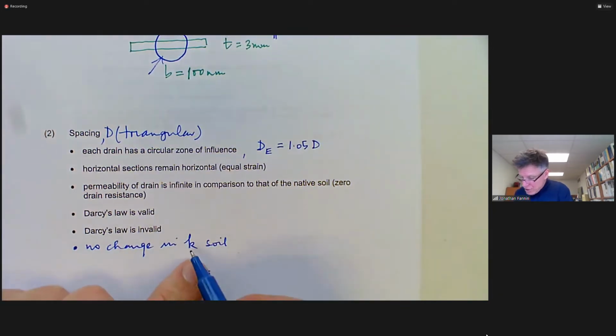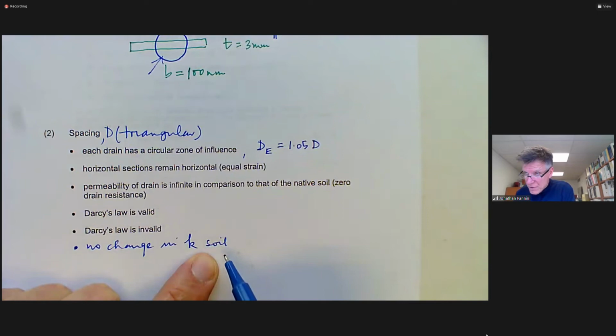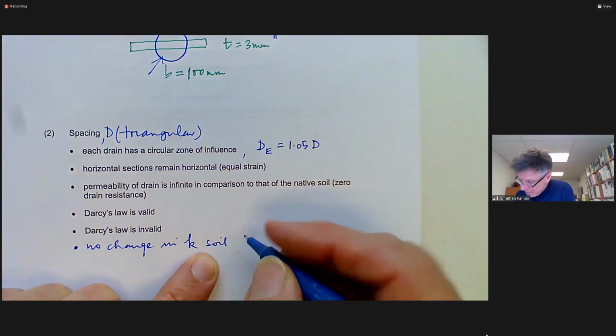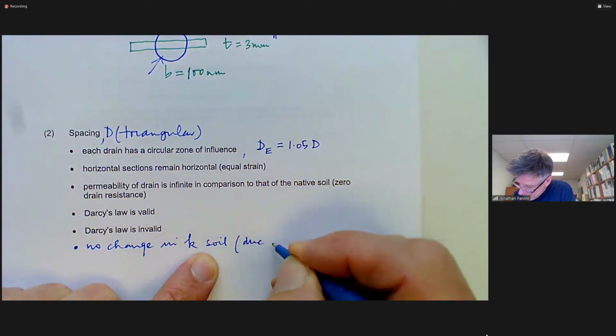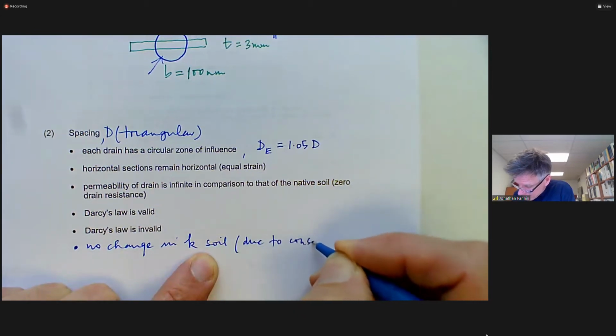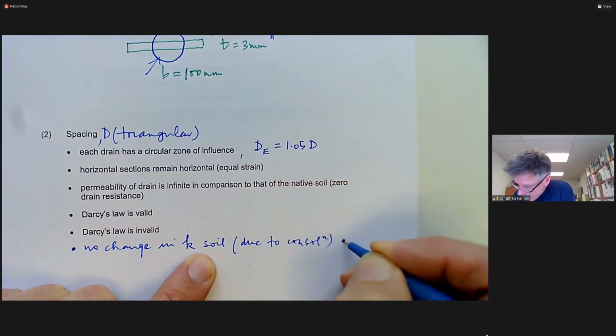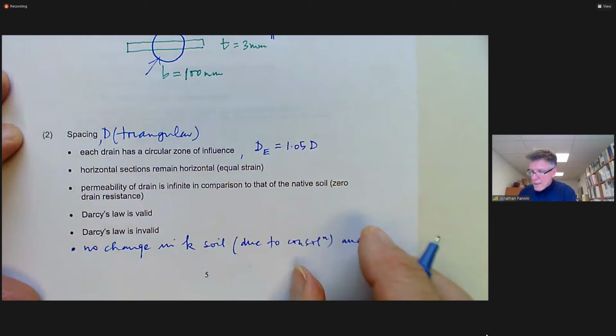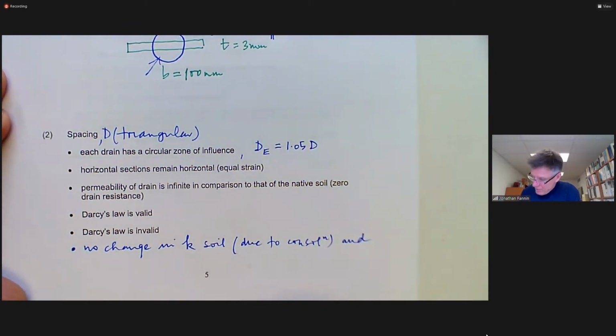So no change in the hydraulic conductivity of the soil as a consequence due to consolidation, and no annulus of disturbed soil.